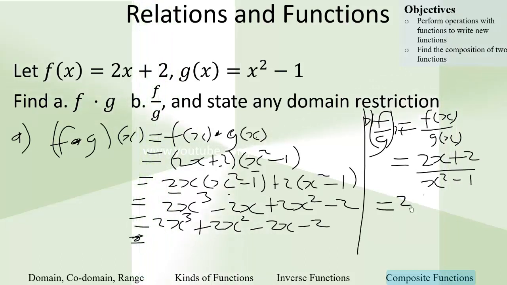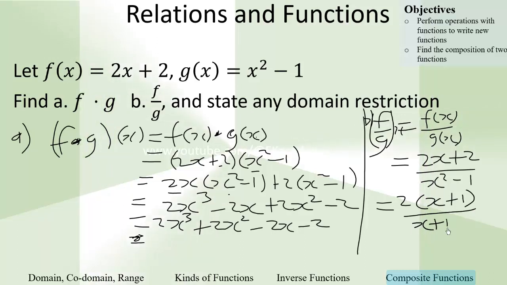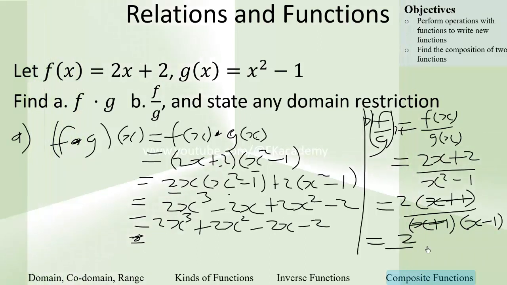So we can factor to get 2 into bracket x plus 1 over x plus 1 into x minus 1 using difference of two squares. So this will give us, this will cancel this, 2 over x minus 1, where x is not equal to 1.